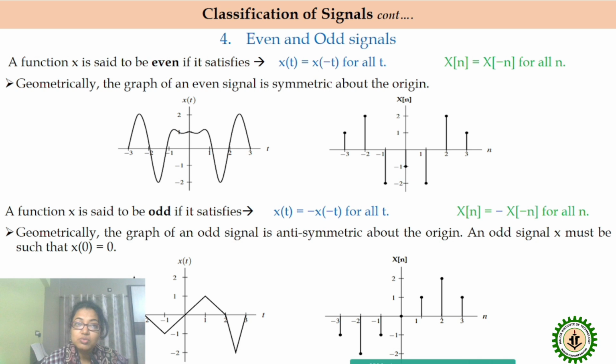If it is possible, then it is even. If it is not possible, then it is odd, and one extra minus sign is there. The same holds for the discrete signal also. In a discrete signal, the x-axis is represented by small n, which is called the time index, and this is discrete in nature, or an integer.